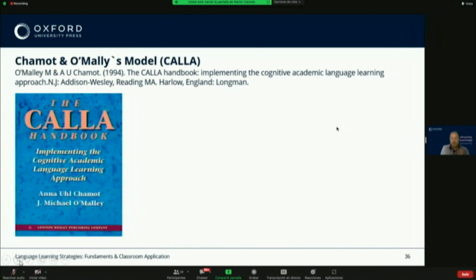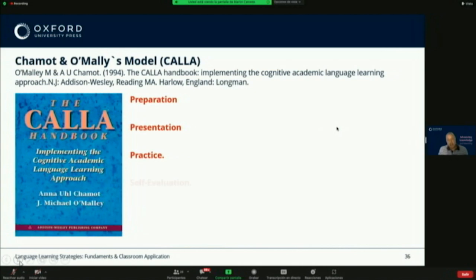I highly recommend this book, the CALLA Handbook, which gives us all the basis to implement it. And what are the main components of this model? First, there is a preparation in which the teacher identifies students' current learning strategies, what they're using and what they can use. Then we have a presentation of the strategies.